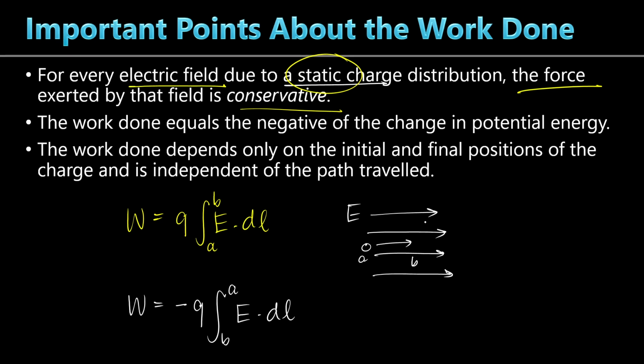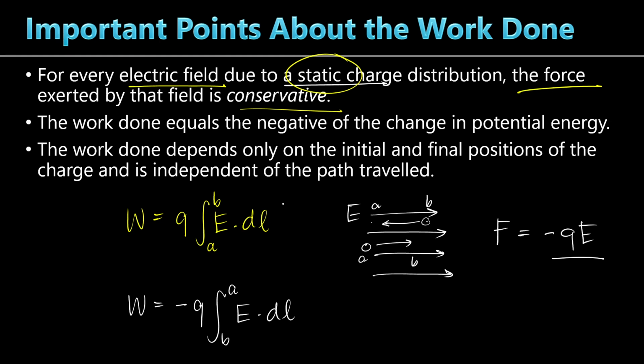So, for example, this is point B, and this is point A. Initially, the charge is at point B. So, to move the charge from point B to point A, then we need to apply a force which will oppose this electric field. Okay? And that force is equal to the negative of the force due to this.